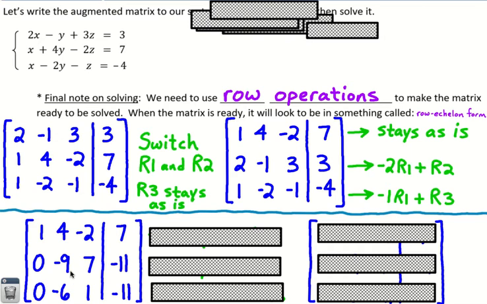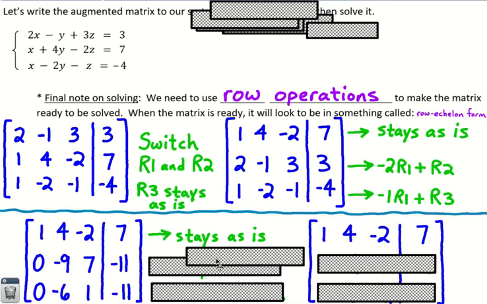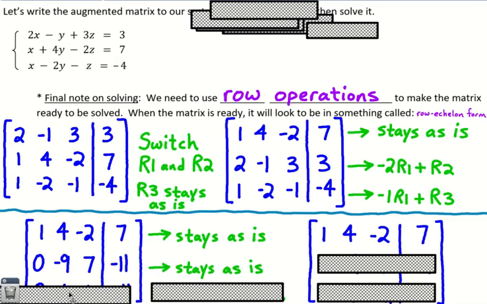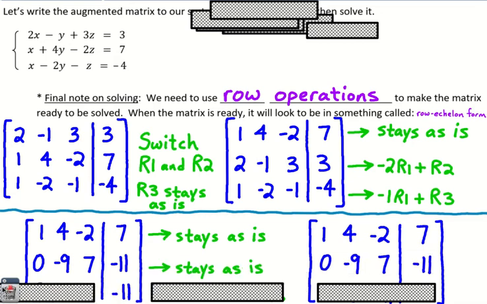And the 2 rows I'm going to combine together, which, really quick by the way, I don't need to change row 1. Row 1 is going to stay as is. And I don't need to change row 2 either. But I am going to change row 3 because I need this to become a 0 at the end of the day.